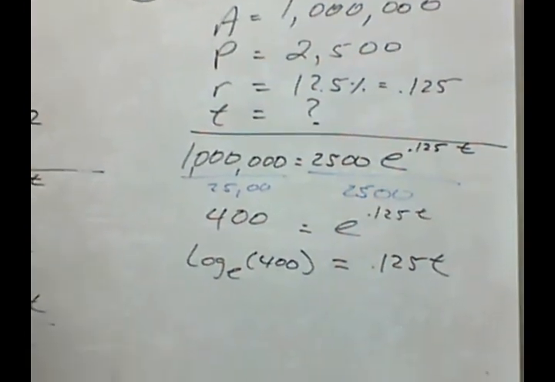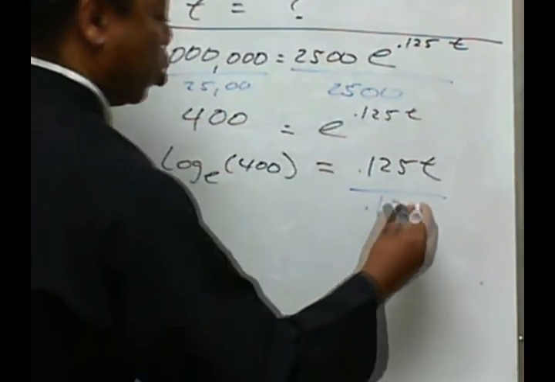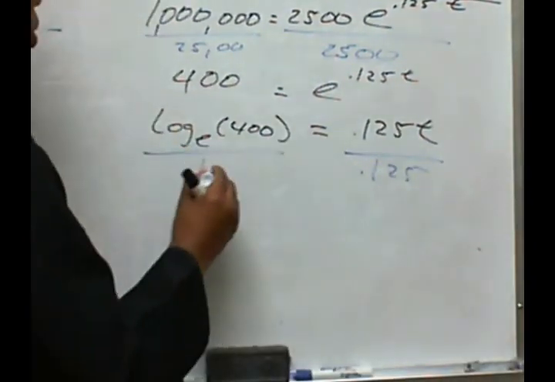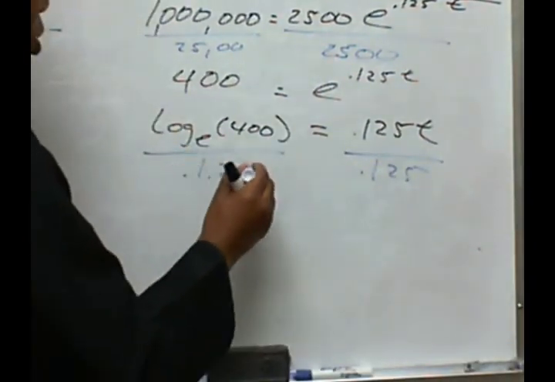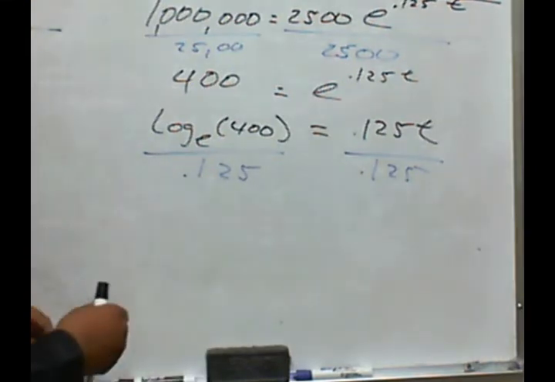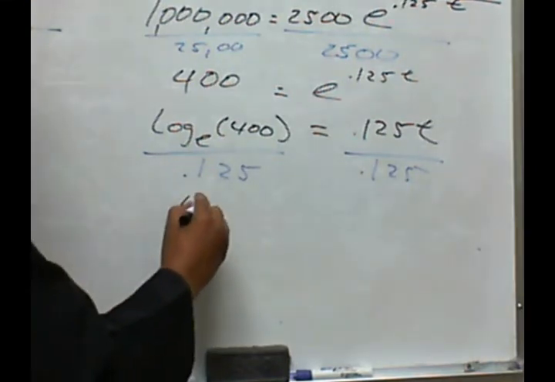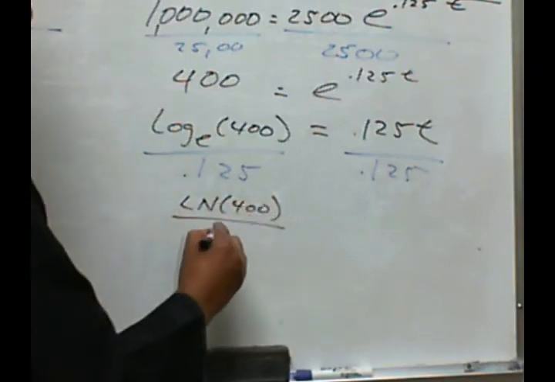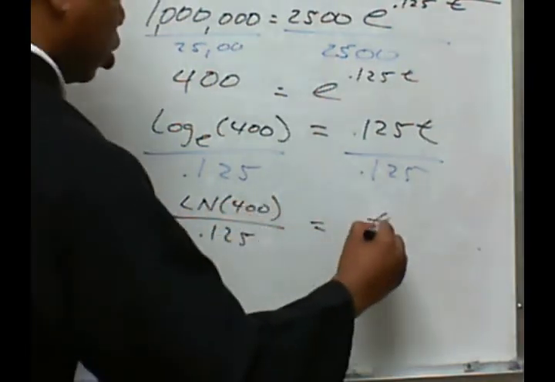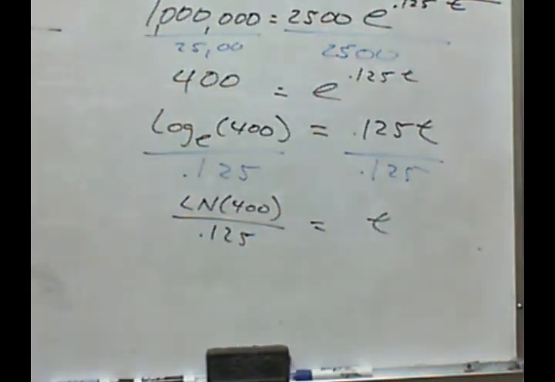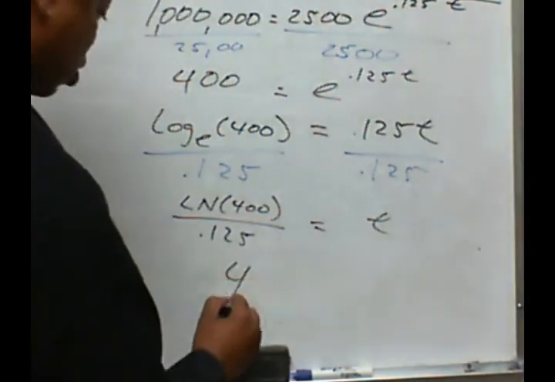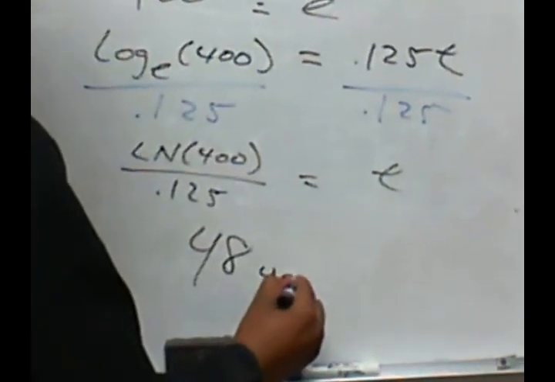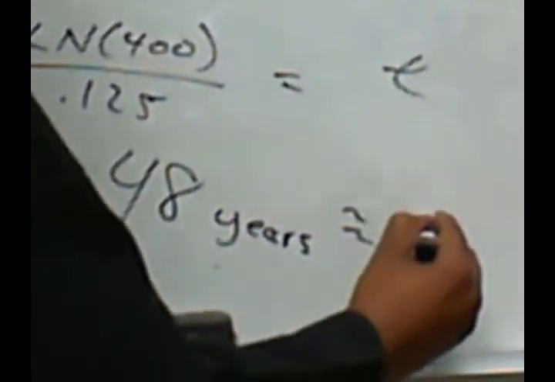And then we'll divide both sides by 0.125, which will be the natural log of 400 all over 0.125, which equals the time. And this will be approximately 48 years. Let's put that into the calculator.